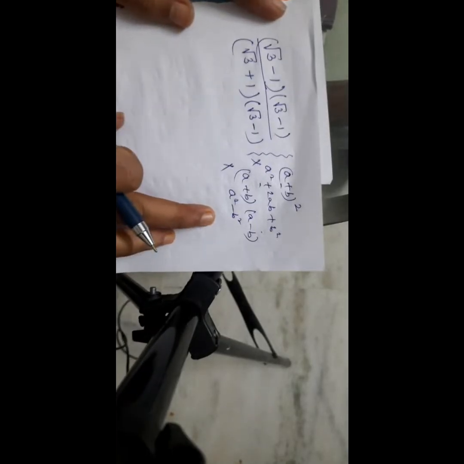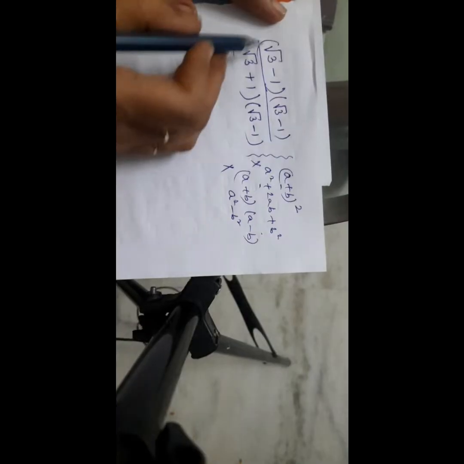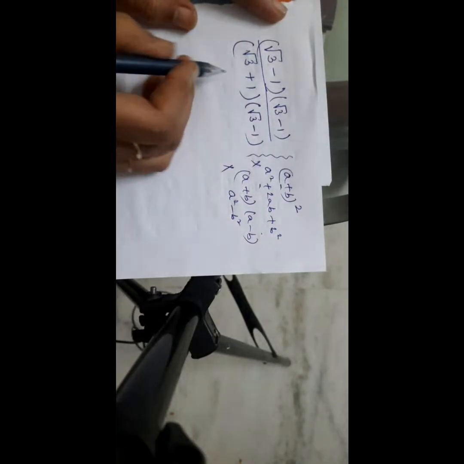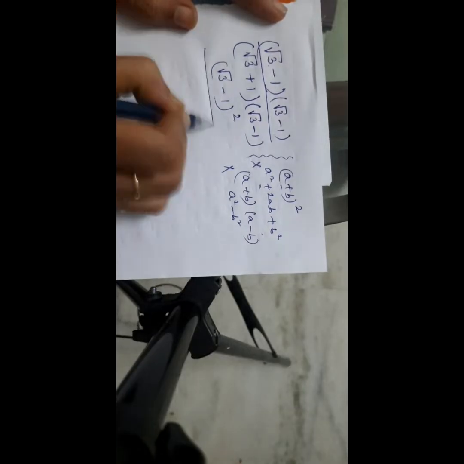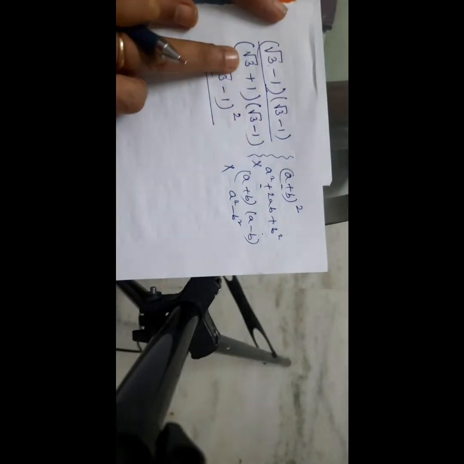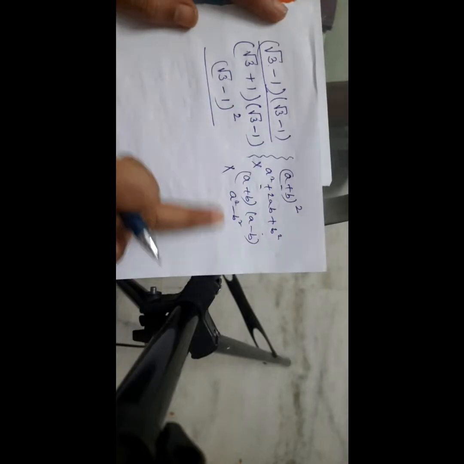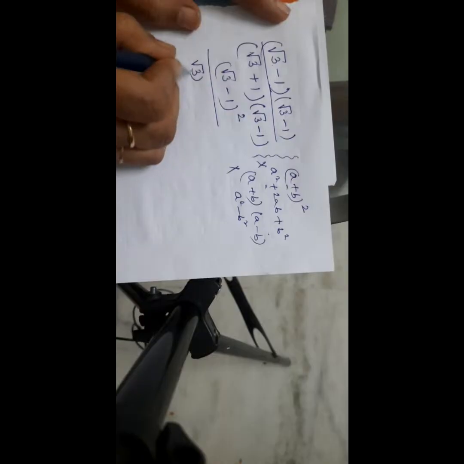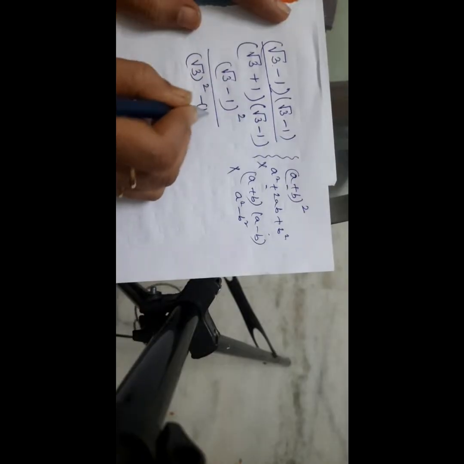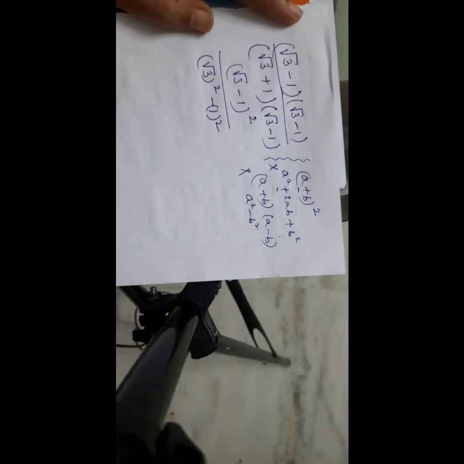To be clear with that, now in this, both the terms are same. So it is nothing but a minus b whole square. And here it is a plus b, a minus b. So this identity we are going to use: a square minus b square. Let's move further.